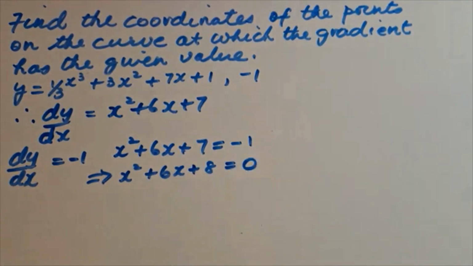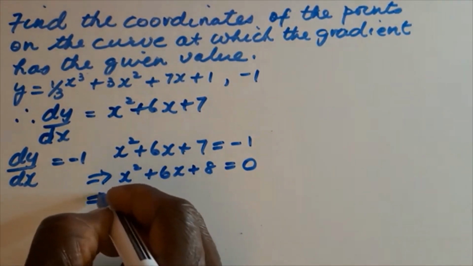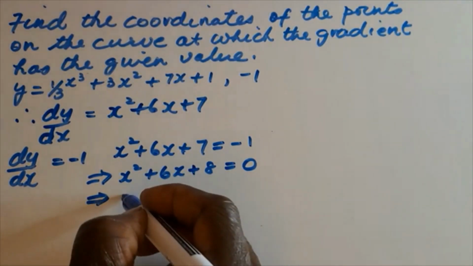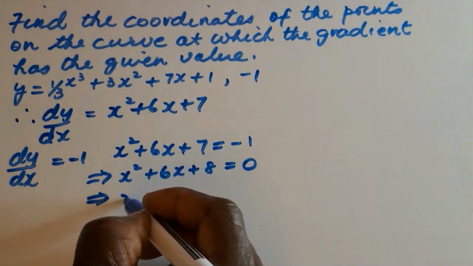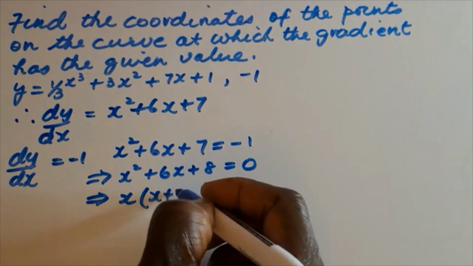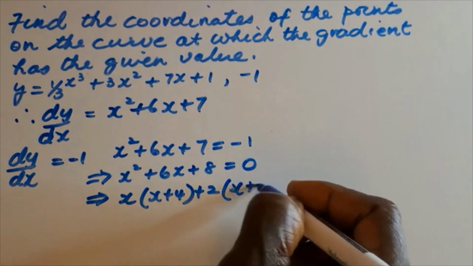So we have a quadratic in x, and we can go ahead and solve this by factorizing. We have x into x, add 4, 2 into x, add 4.